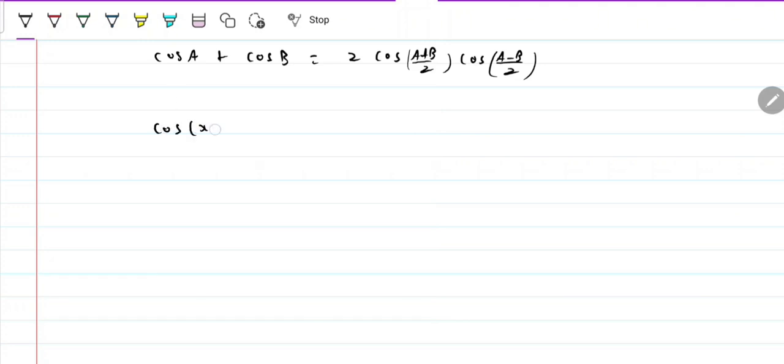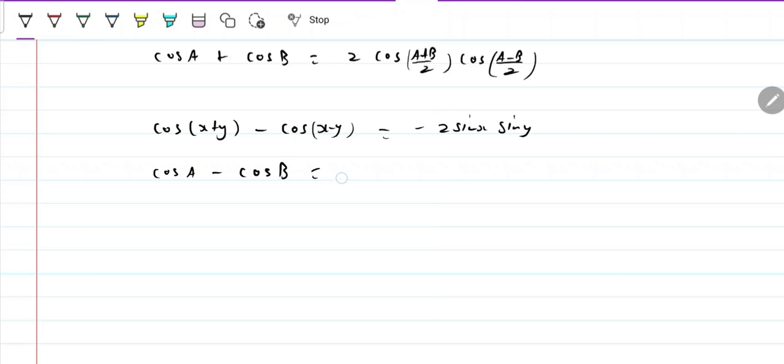What about cos of x plus y minus the cos of x minus y? That's equal to minus 2 sine x sine y. So this is the cos of A minus the cos of B is equal to minus 2 times the sine of A plus B over 2 multiplied by the sine of A minus B over 2.